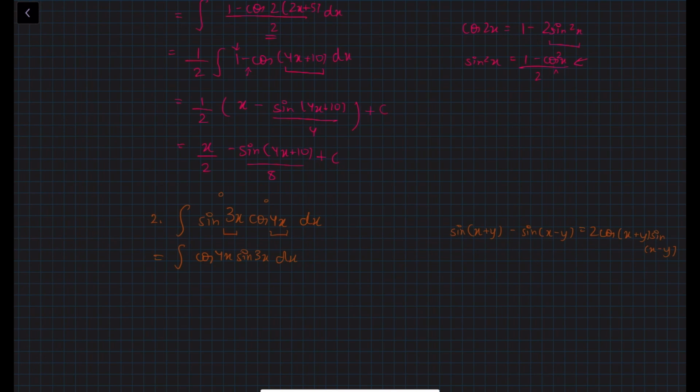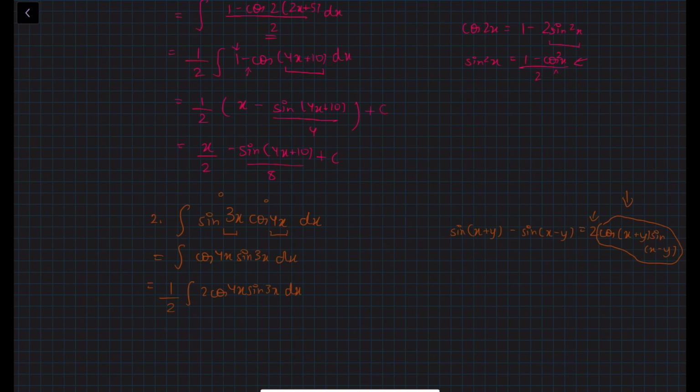Right, and here we do have this, and we just don't have a 2, but that's okay because we can just shift it to the other side, right? And what I'm going to do is I'm going to multiply and divide by 2, so we get a 2 there. Just like so. And now we see that we do have this form right here.